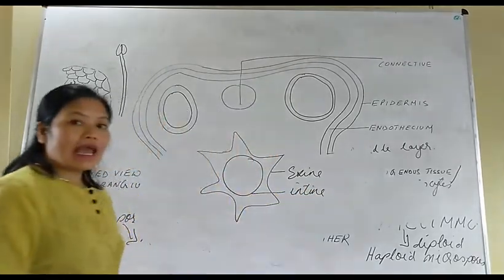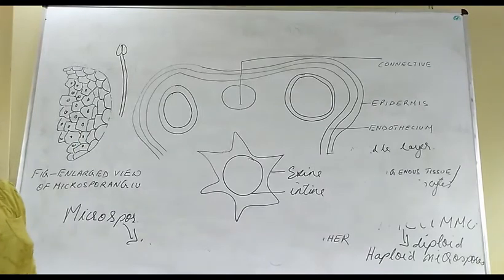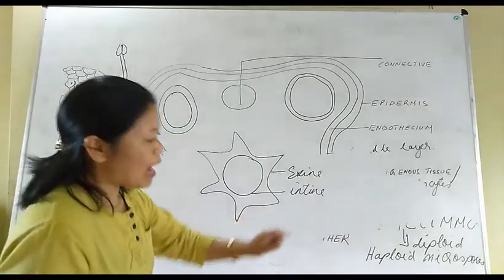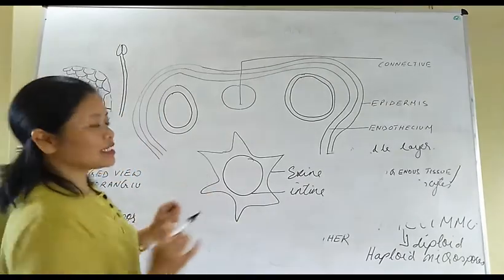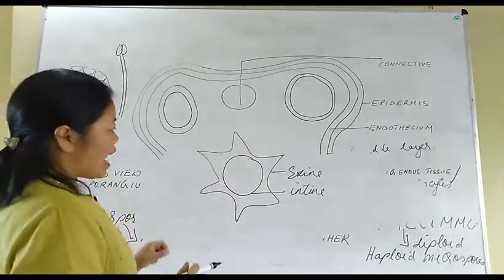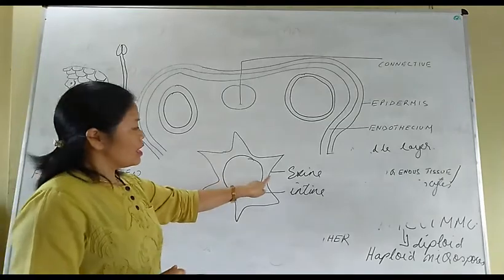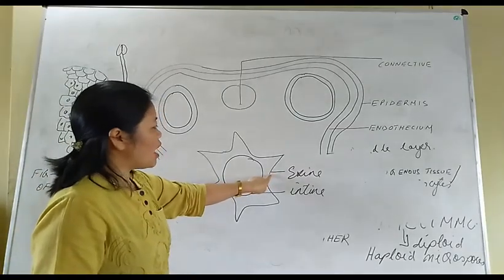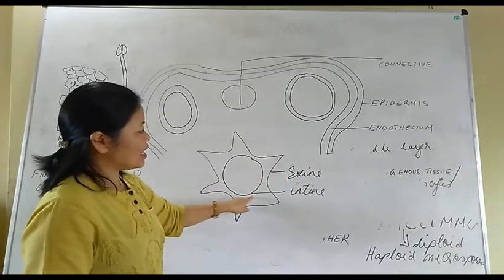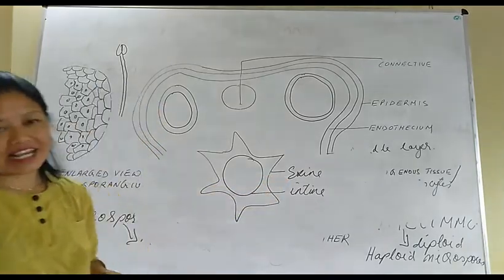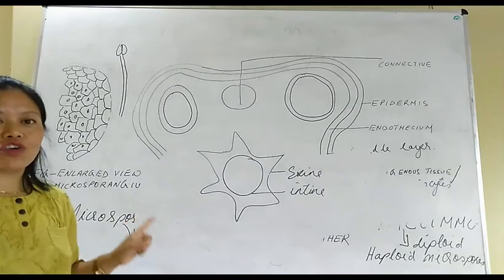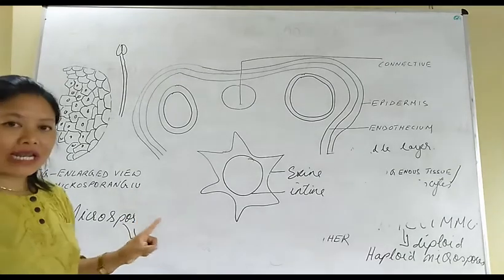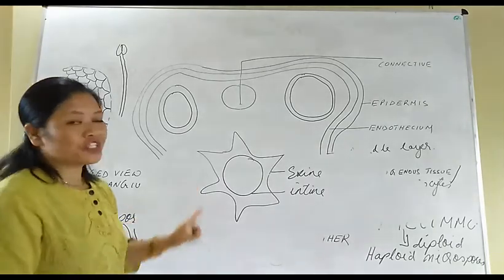Again I repeat, as the anthers mature, microspores get separated out and form a thick outer wall called exine and a thin inner wall called intine. And this is the structure of pollen grains. Always remember that in all pollen grains, the structure is not the same.